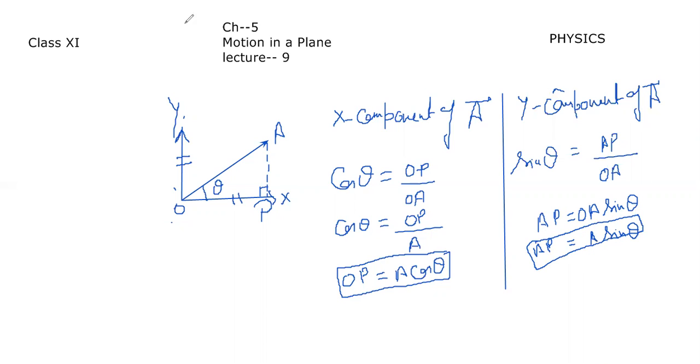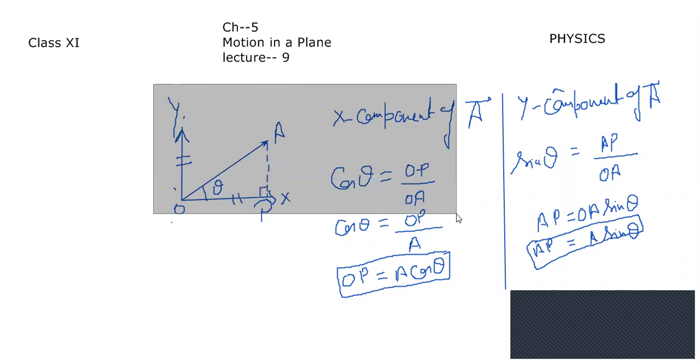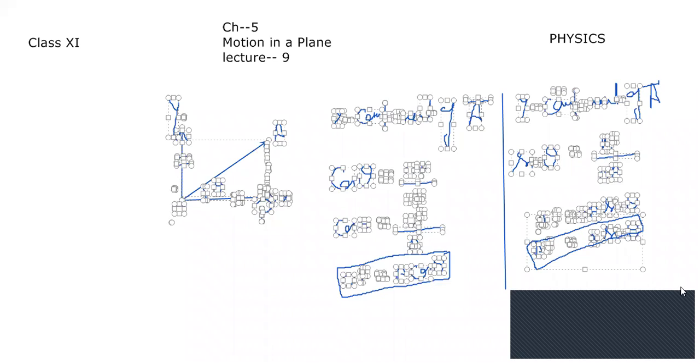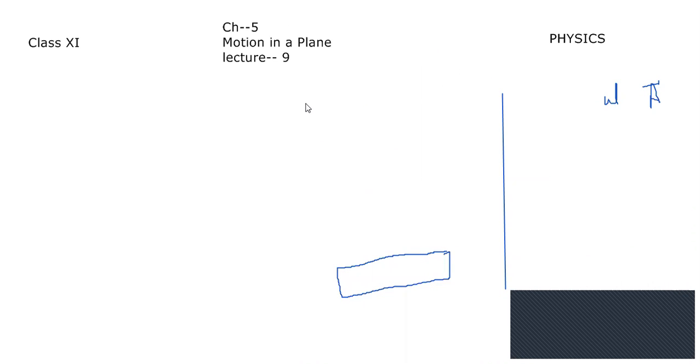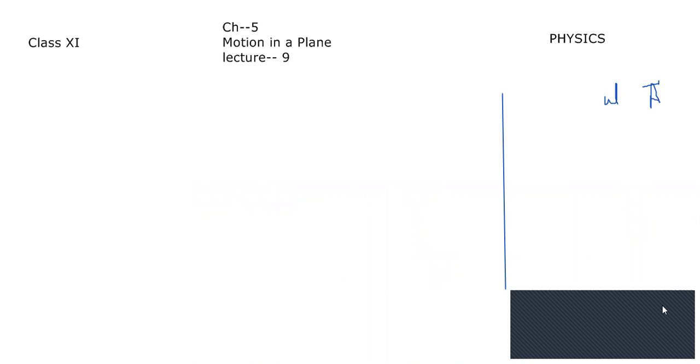Okay, is this concept clear or not? Tell me. So suppose a vector, this is the y-axis and this is the x-axis, and this is the vector A which has magnitude 10 units.